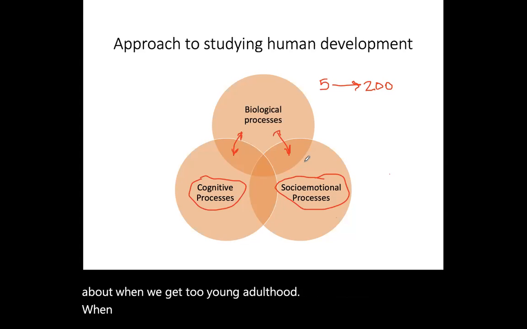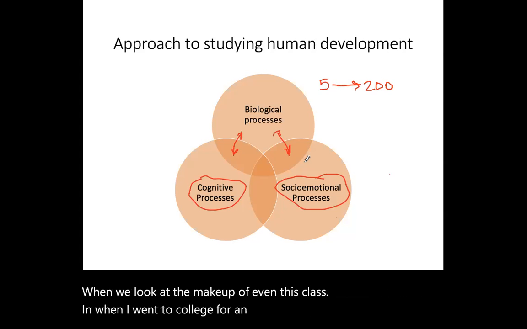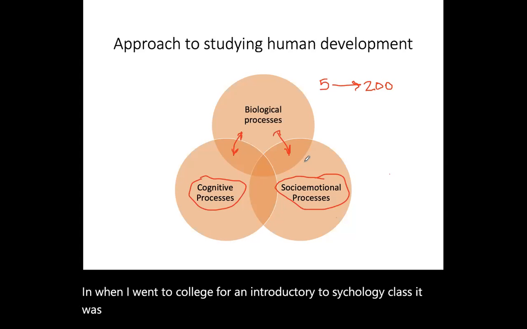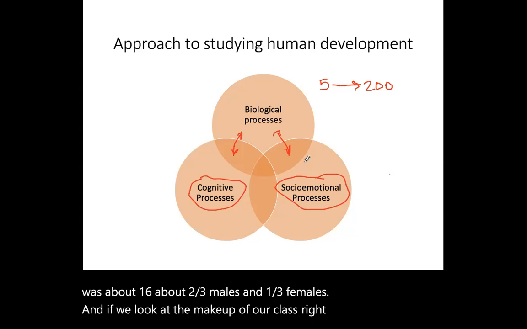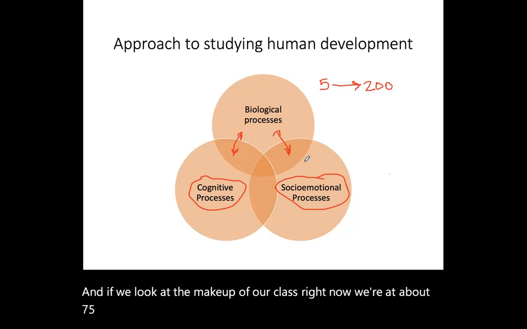When we look at the makeup of even this class, when I went to college for an introductory psychology class, it was about 2/3 males and 1/3 females. And if we look at the makeup of our class right now, we're at about 75% females and 25% males.